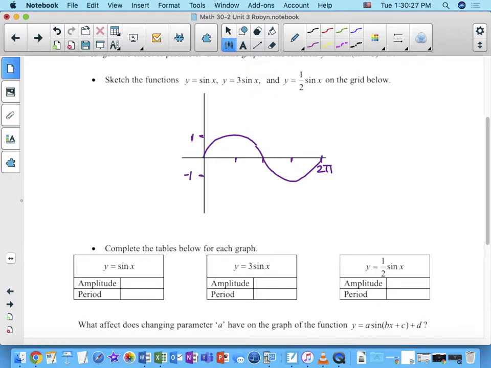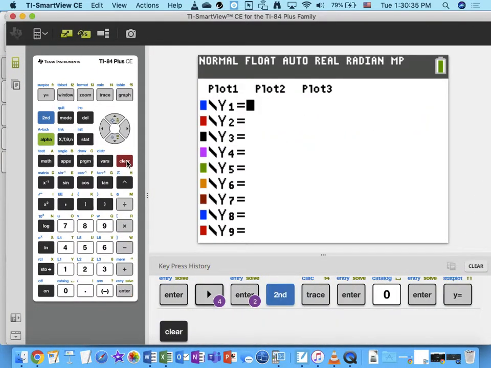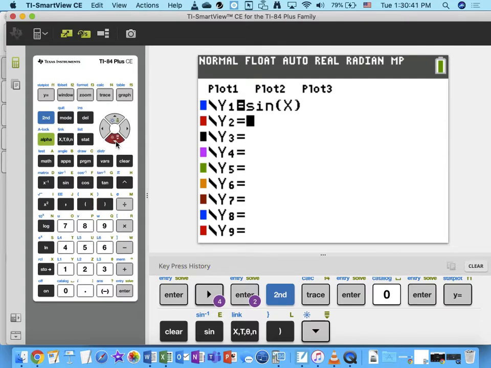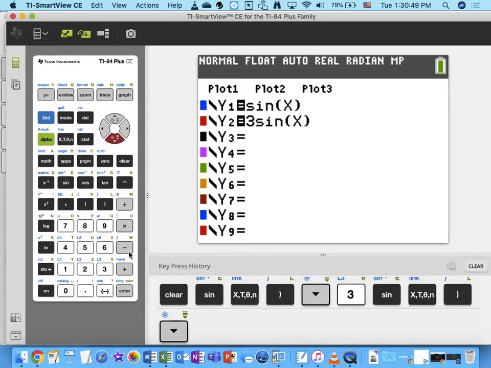But let's actually graph all three of them on a graphing calculator. So we'll take them out, and we're going to go to y equals, and we're going to have sine x, 3 sine x, and a half sine x.